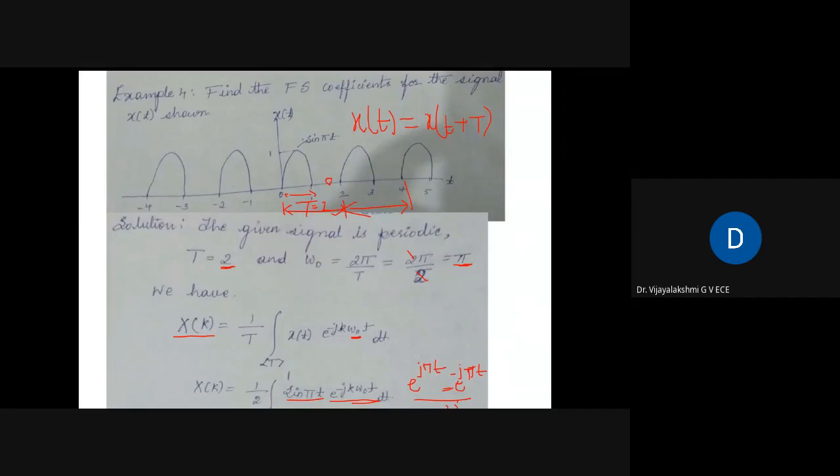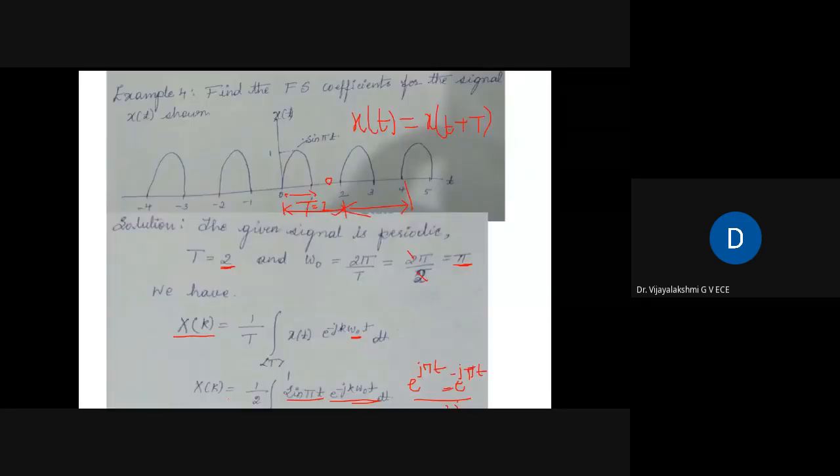In this, if I take e raised to j pi t as common, I'll show one term here: e raised to j pi t into e raised to minus j k omega naught into t.